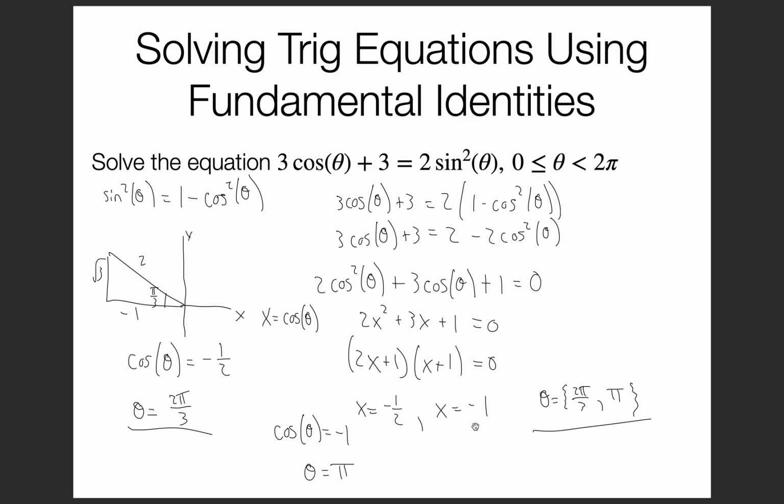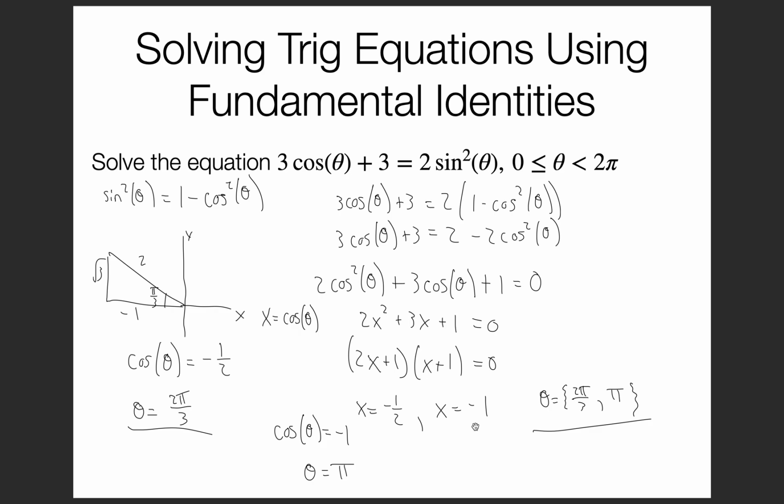If you flip that triangle down, you're going to get another answer. And that answer is going to be pi plus pi over 3, which will be 4 pi over 3. Okay, so then the other answer that I don't have included here is 4 pi over 3.